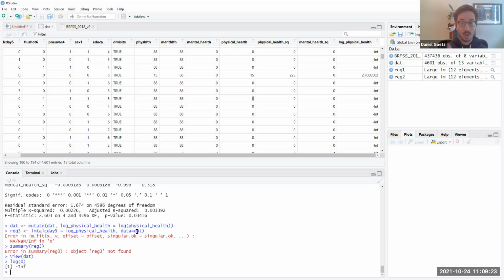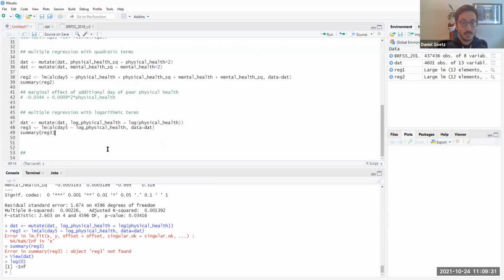You can run this regression dropping these negative infinities. So instead of using DAT, we could filter DAT and only use observations where log physical health is greater than negative infinity. And this will run.